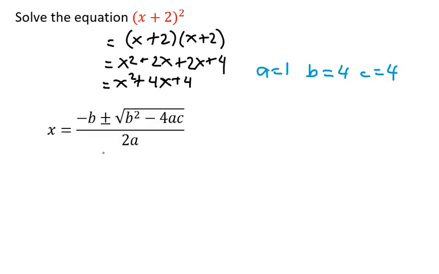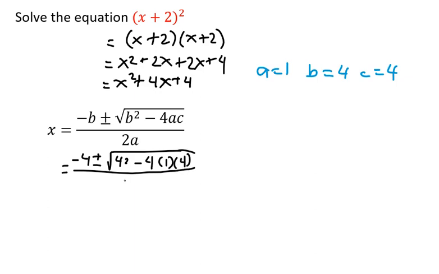Using the formula, hanapin natin yung value ng x. So, negative b, o negative of b, yan ay 4. So, negative 4 plus minus square root of b, yan ay 4 square, minus 4 times 1 times 4, over 2 times 1.